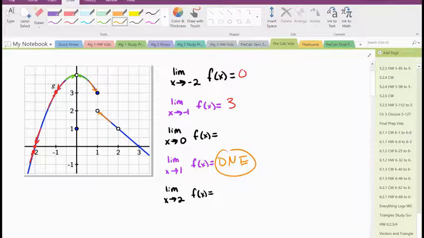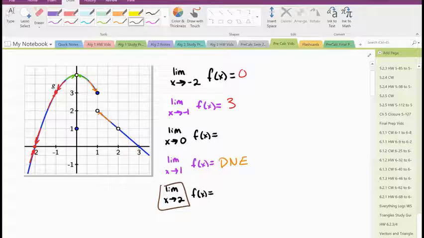So if you see DNE, it means does not exist. In this situation, the limit as x goes towards 1 doesn't exist. But in this last one, as x approaches 2, we see that it's approaching the same y value on both sides. And so the limit as x goes towards 2 is 1.